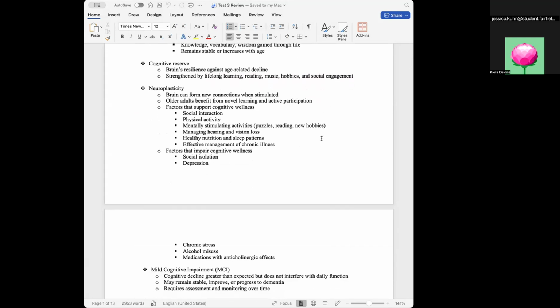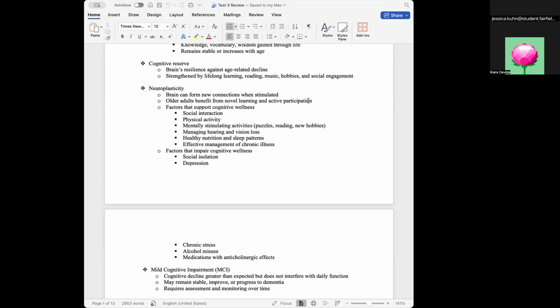Neuroplasticity: the brain can form new connections when stimulated. This is a newer concept that we're starting to see a lot more of. The concept of neuroplasticity is that it is pretty constant throughout life, although it does taper off in older adulthood. This is the ability to rewire your own brain. We talk about this a lot in psych when we're talking about cognitive behavioral therapy and things like that.